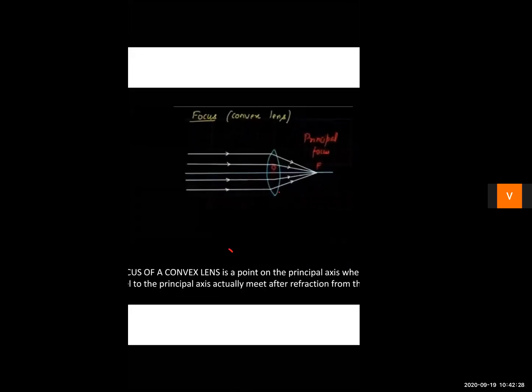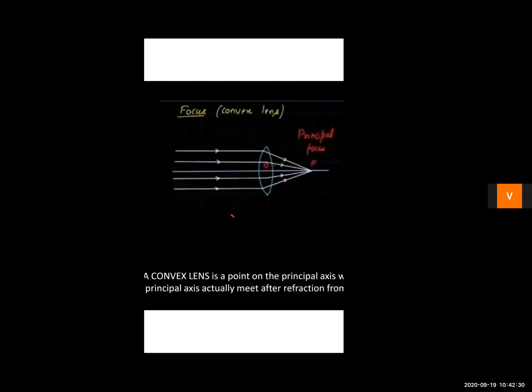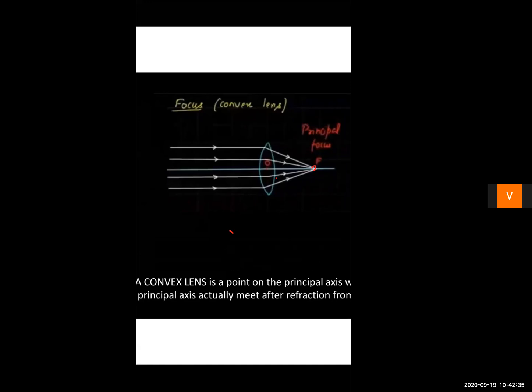So in that case, we are going to consider the principal focus on the right side, right children? So here, principal focus, what it is? It is a point on principal axis. First thing, it is a point on principal axis. जो principal focus है, as you can see that it is a point, and this point, as you can see, is on the principal axis, right?